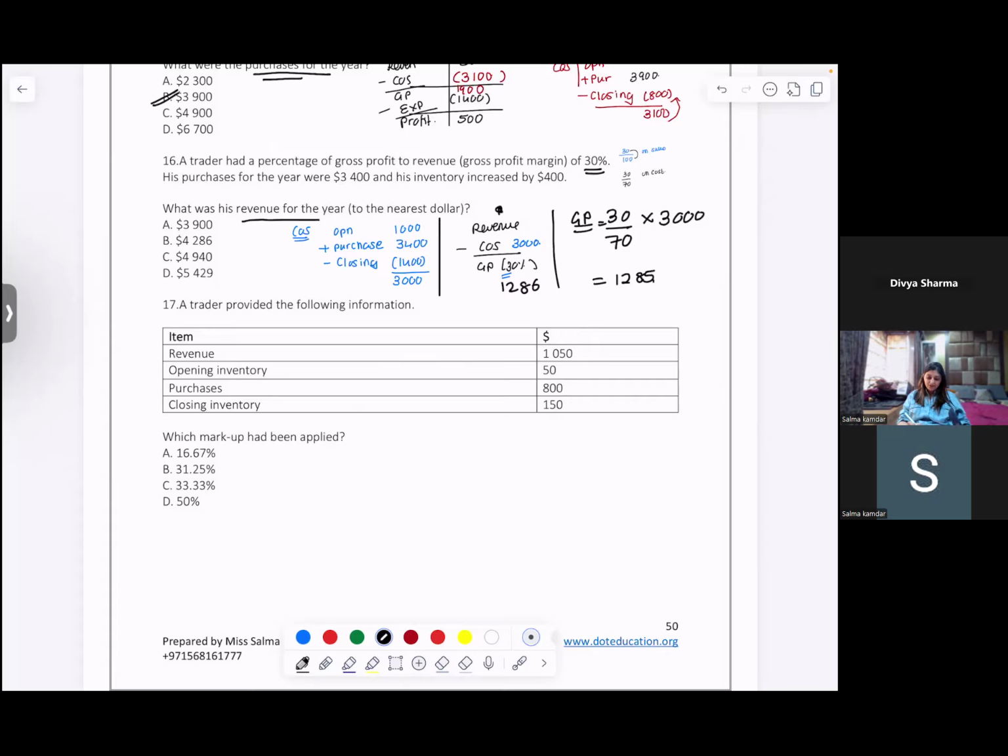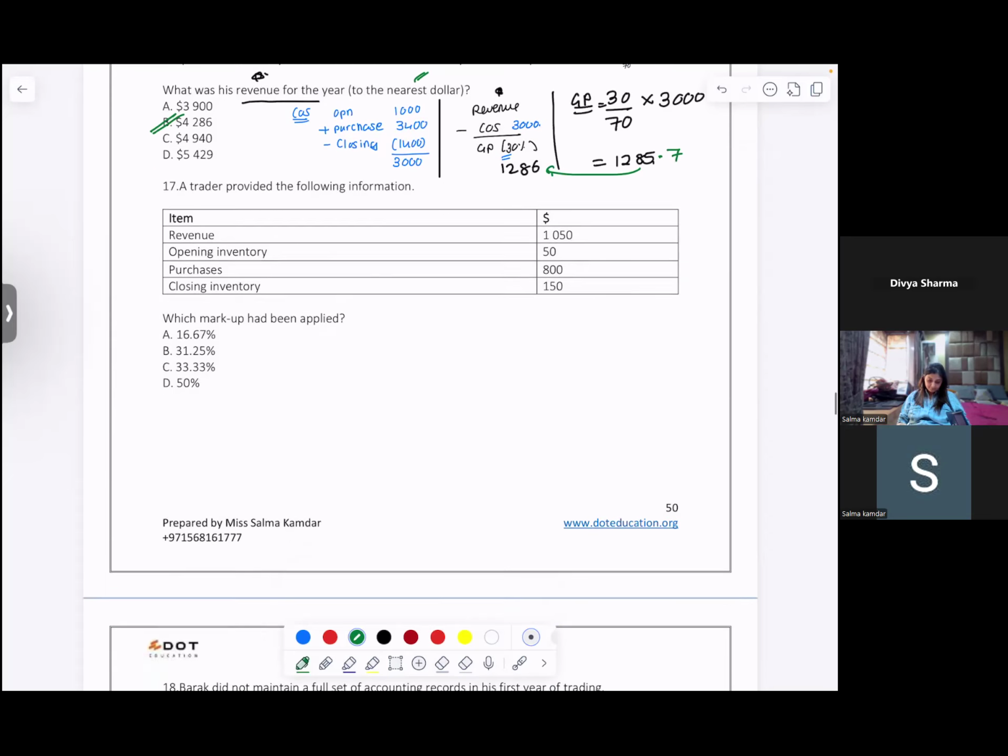Now I need revenue. So I go reverse, you add 3,000. So 4286. And they said to the nearest dollar, that means I round it off. 4286. Okay, fine.